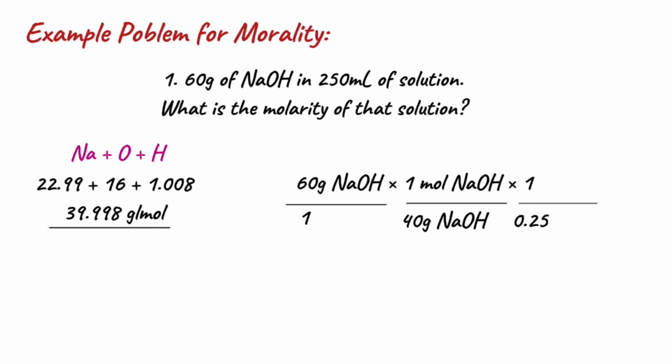Notice that we have the unit moles on top and liters on the bottom. Whenever you have that, your answer is the concentration in molarity. So it's 60 divided by 40, and then take that result divided by 0.25. So the concentration is 6 molar or 6 moles per liter.